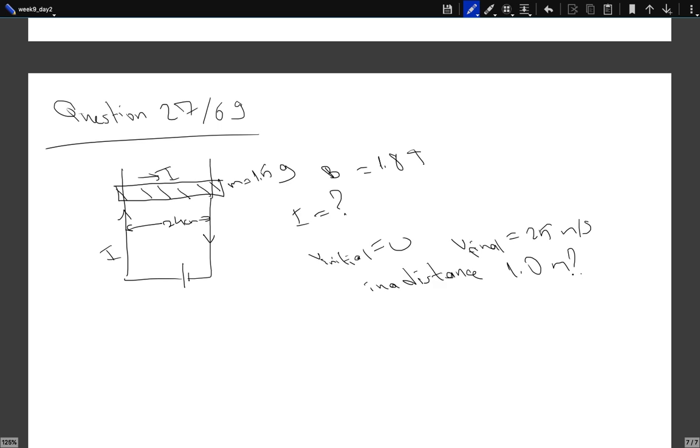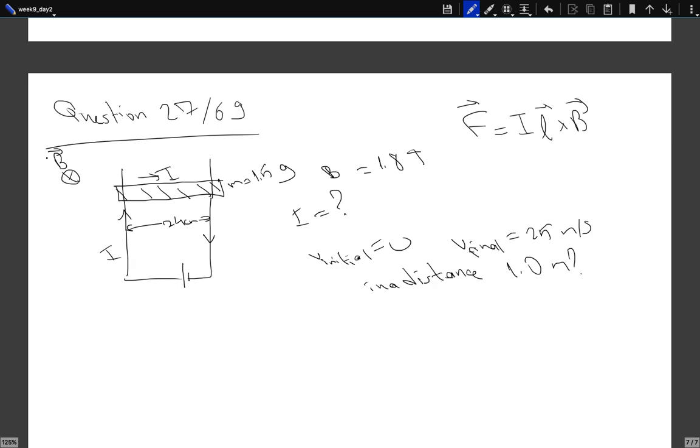Well, the force is I L cross B. L is in that direction. I want the force to be upward. So the magnetic field should be into the screen.